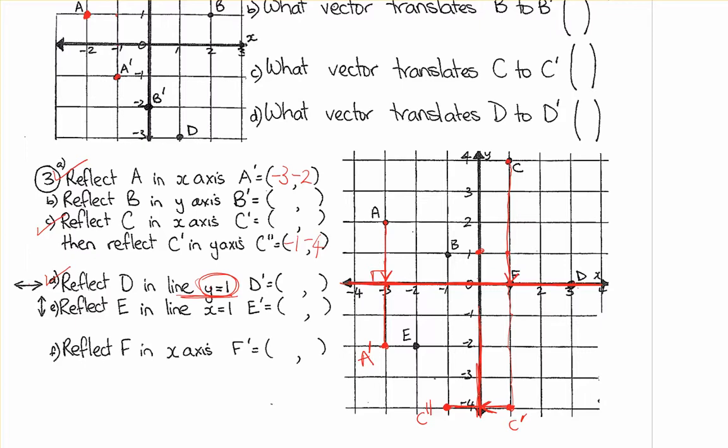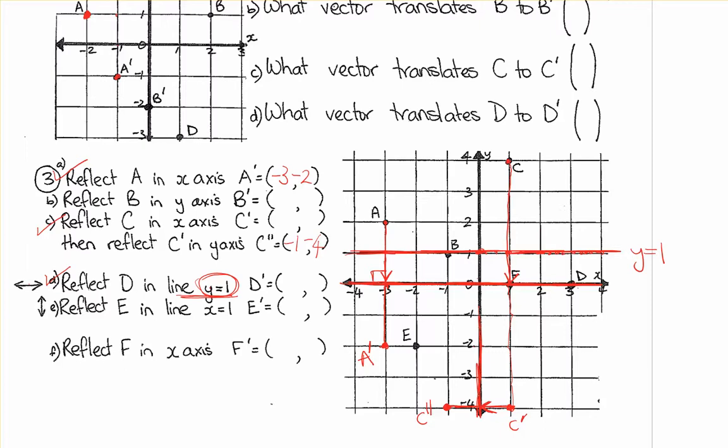All the way along here, all these points would have a y-coordinate of 1. They have different x values. For example, this point here would be (0, 1). This one here would be (4, 1). We'd have (3.5, 1) in here. All those points have a y-coordinate of 1. So the line y equals 1 is going to be a line across there. You can draw it in.